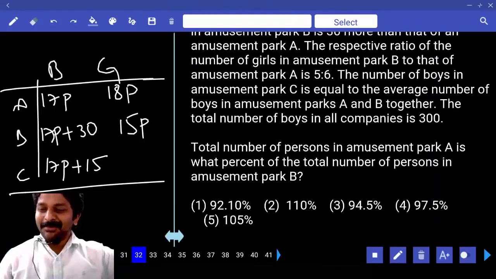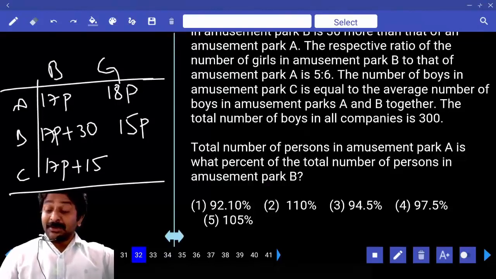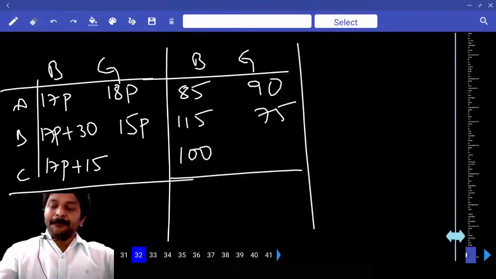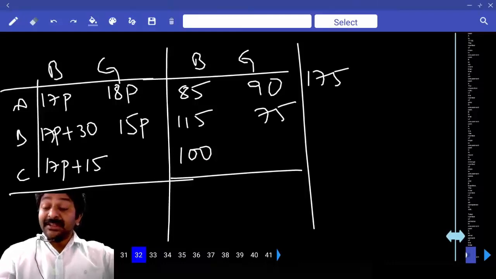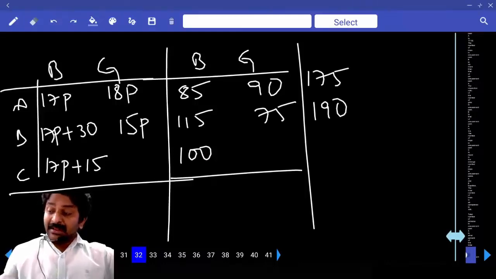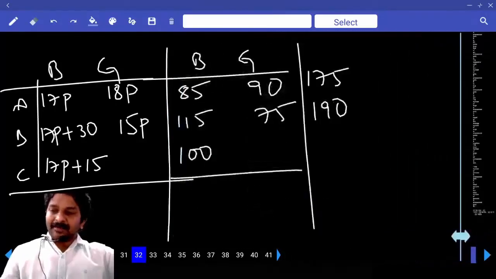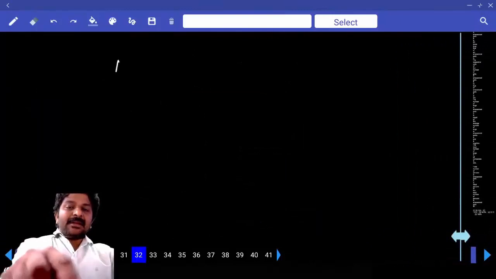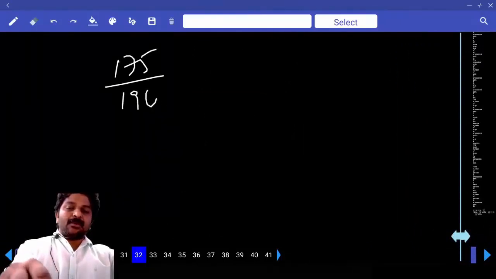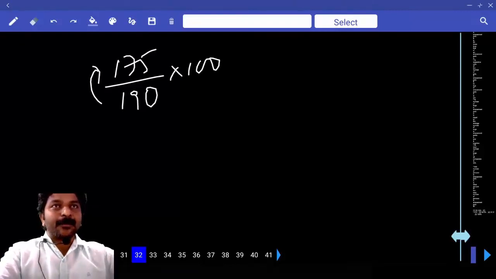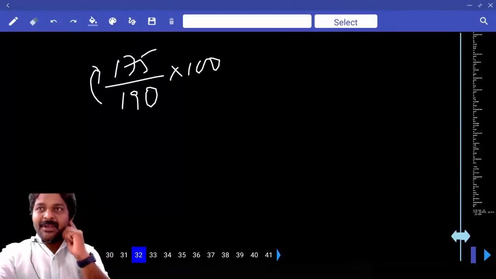Number of persons in park A is what percent of the number of persons in amusement park B? It is about persons, so we have to consider the total, correct? 85, 90, 175. 115, 75, 190. So now your question is to identify park A is what percent of park B. 175 as a percentage with respect to 190, times 100. The numerator is how much less than the denominator? 15, which is 10% of the denominator?